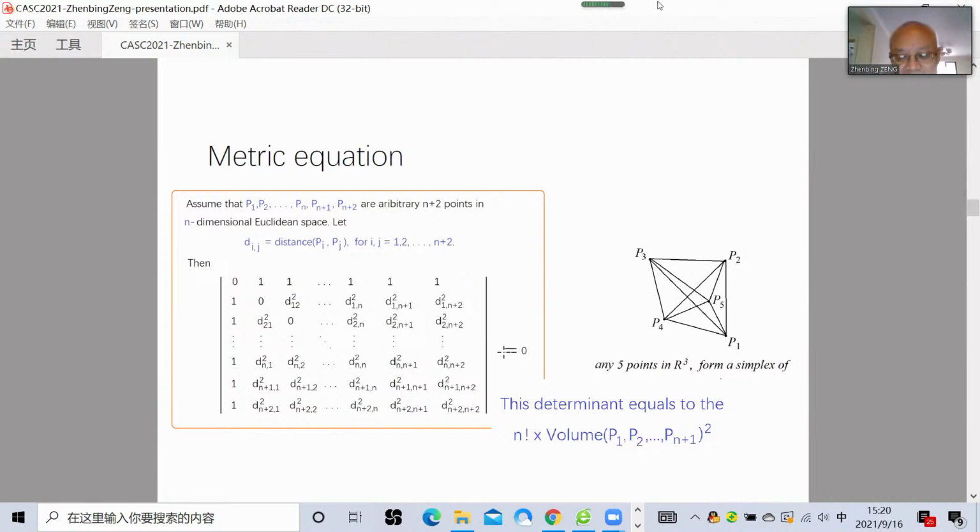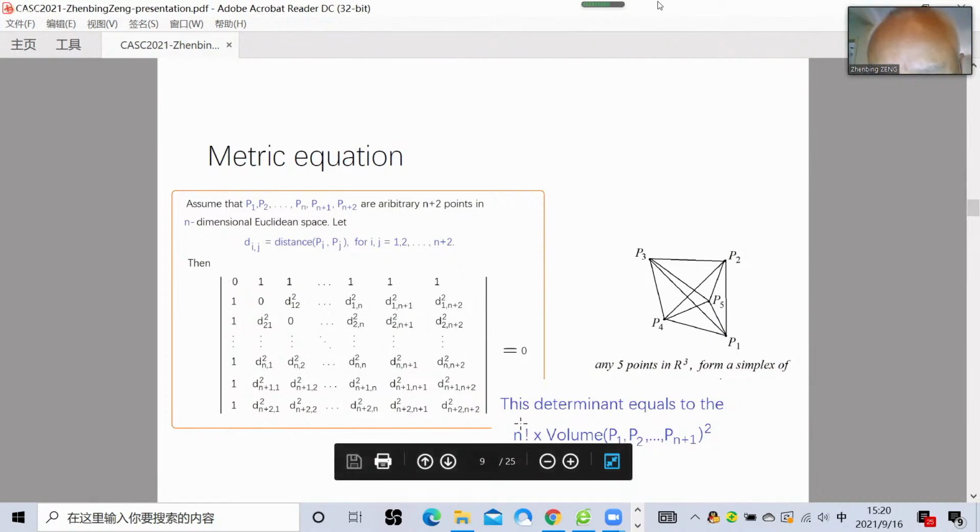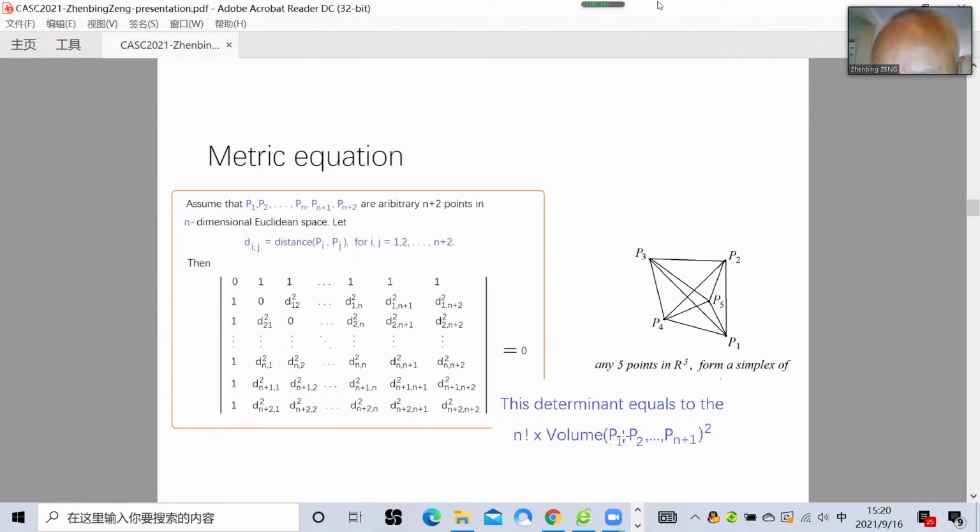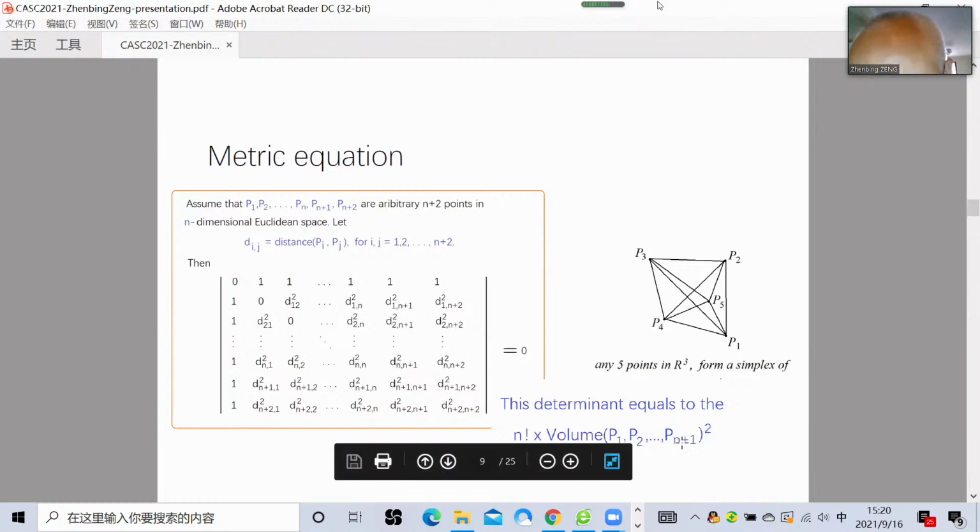This is because the determinant decides the volume of the simplex formed by P1, P2 to P(n+2).